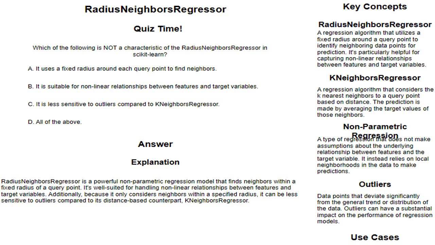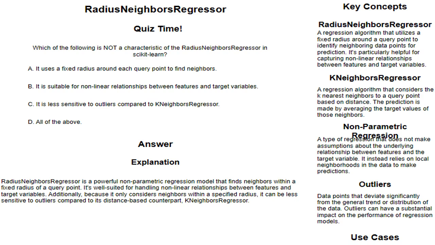Radius neighbors regressor. A regression algorithm that utilizes a fixed radius around a query point to identify neighboring data points for prediction. It's particularly helpful for capturing nonlinear relationships between features and target variables.